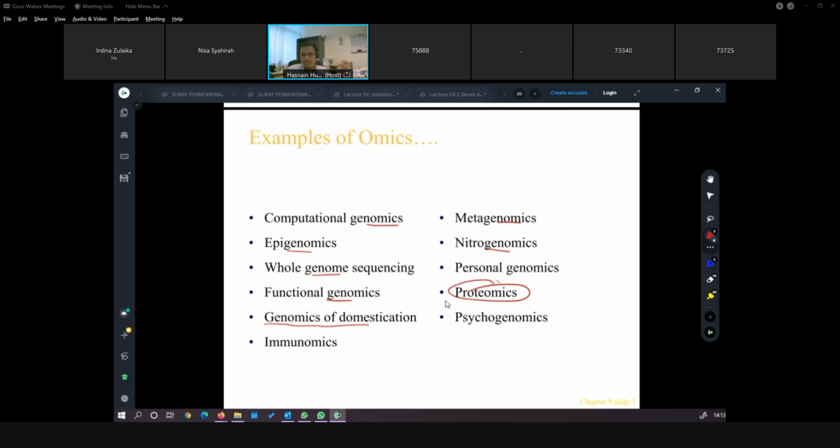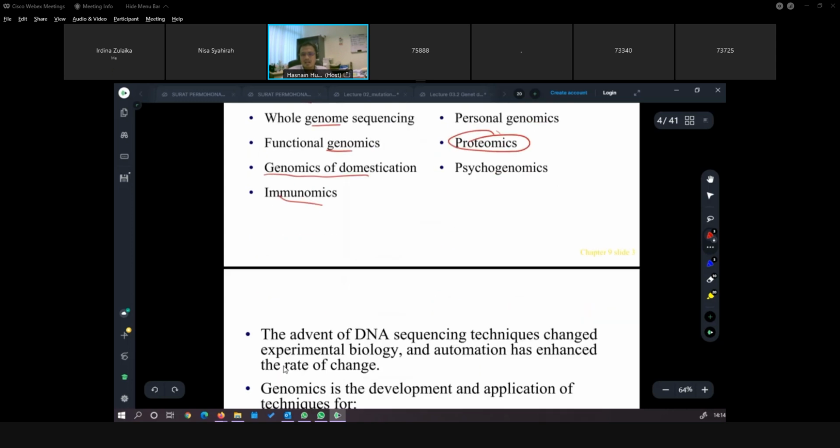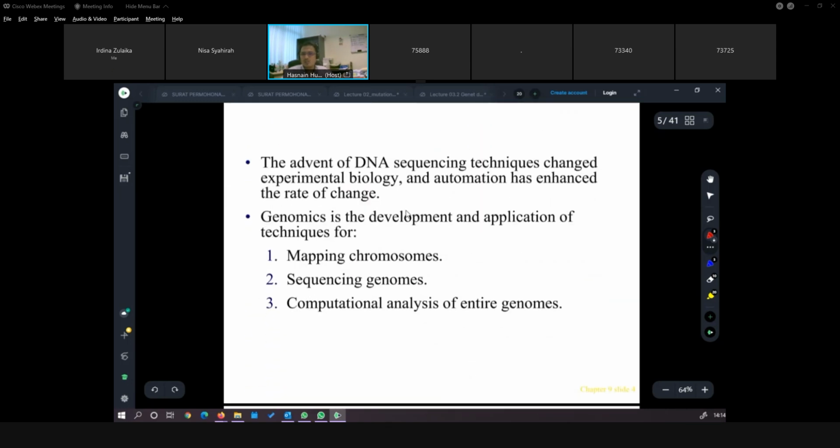So that one is the genomics of domestication. And then immunomics is related to the genes that have to do with our antibodies, the immunological characteristics of individuals. So those are in immunomics.